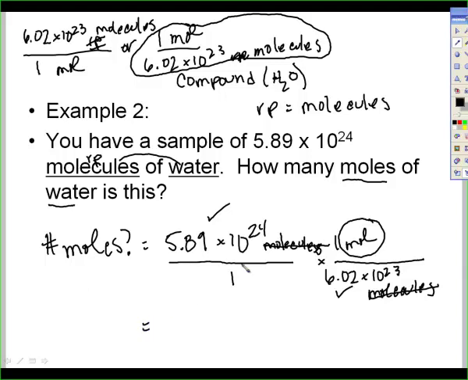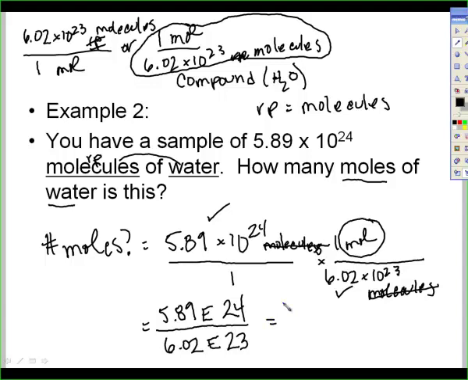So we're going to take 5.89, and you're going to hit that double E button, and it should look like this in your calculator. Remember, it's right above the x minus 1, so second x minus 1, it should look like this. And you're going to divide it by 6.02, and you're going to hit again that double E button above the x minus 1, so second x minus 1, 23.